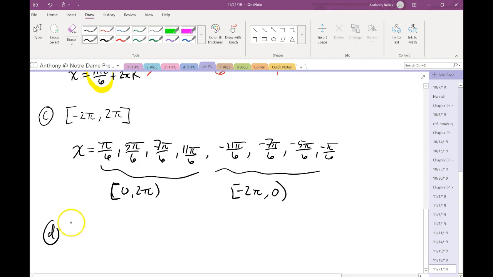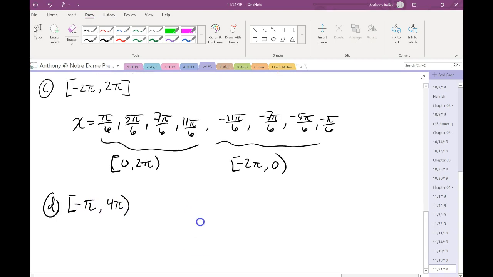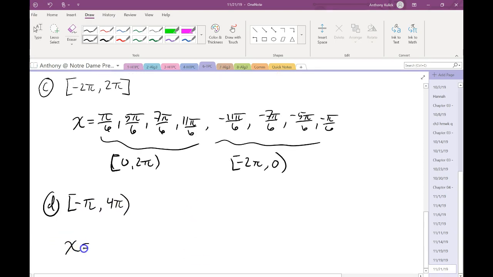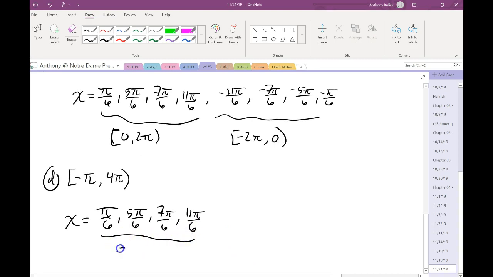And then my answer for part D is looking for things between negative pi and 4 pi. So I know that my answers for part A are going to be answers here, because 0 to 2 pi is still part of that interval, right?